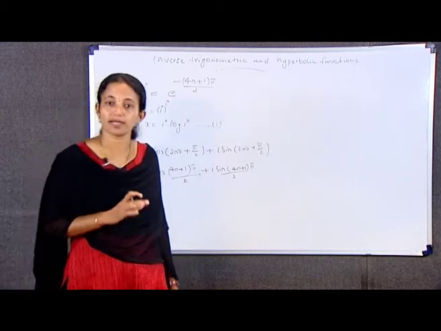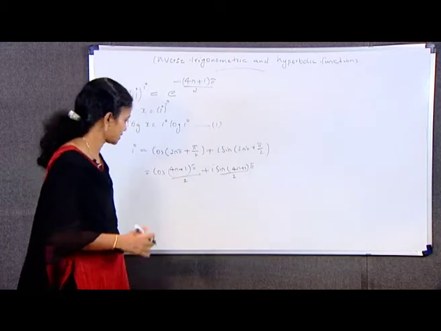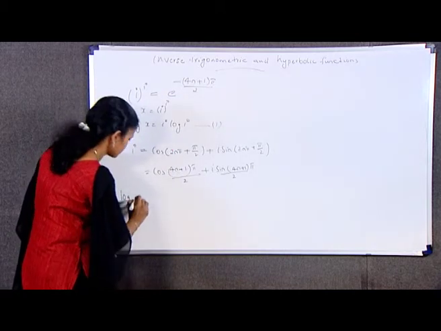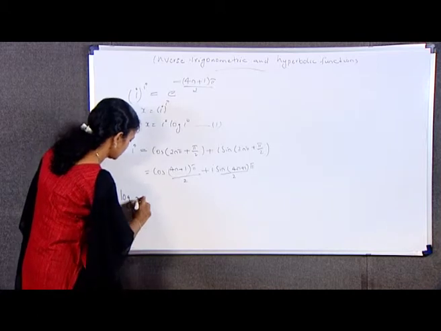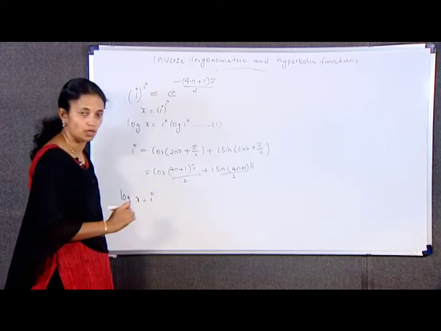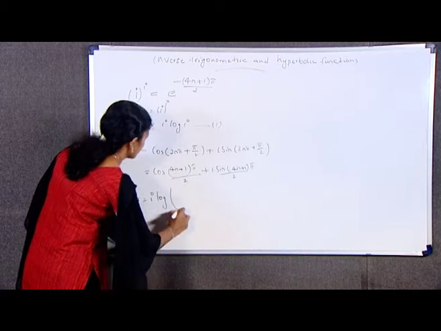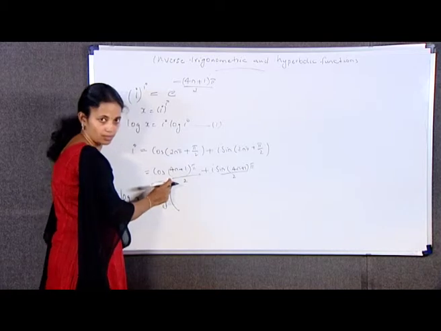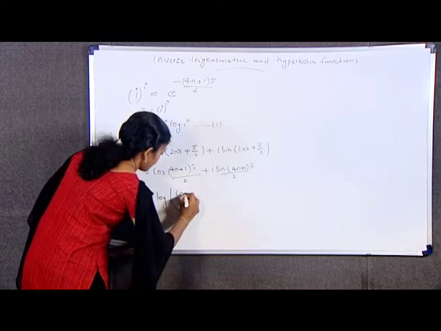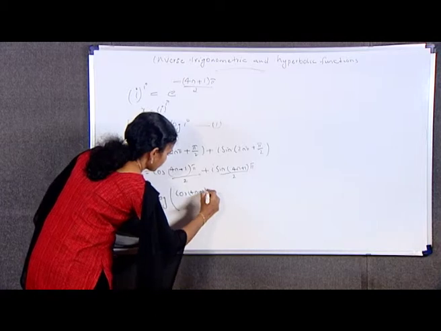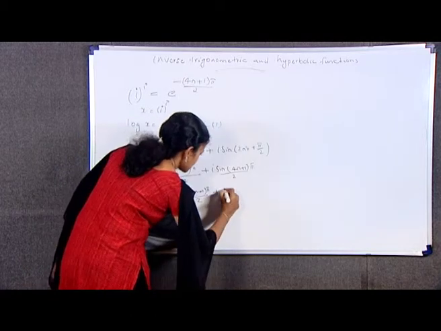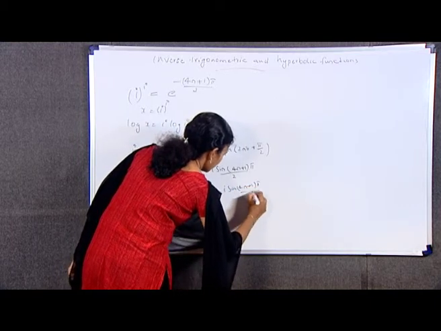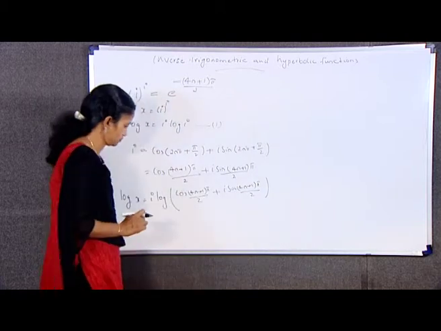Putting these values of i in 1, we get log x is equal to i into log, substituting for this i, cos (4n+1)π/2 plus i sin (4n+1)π/2.